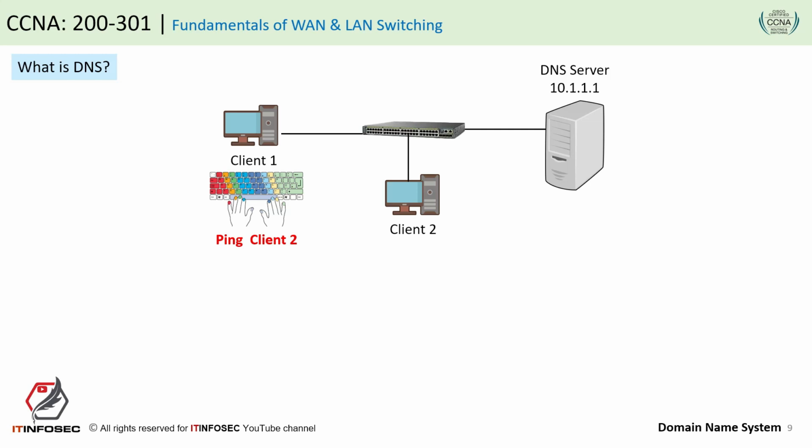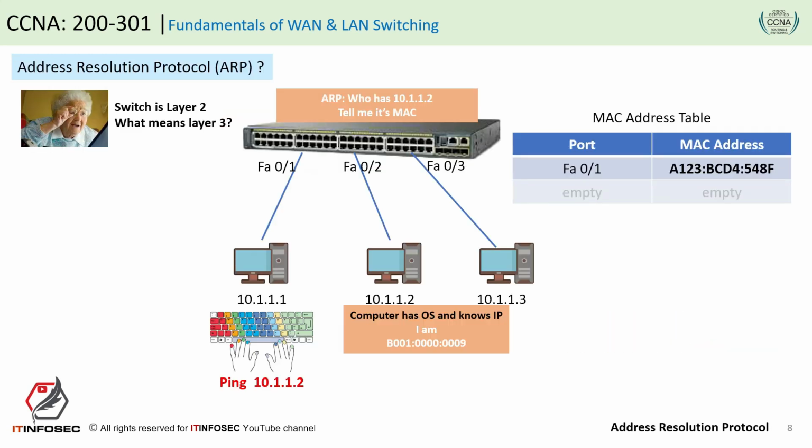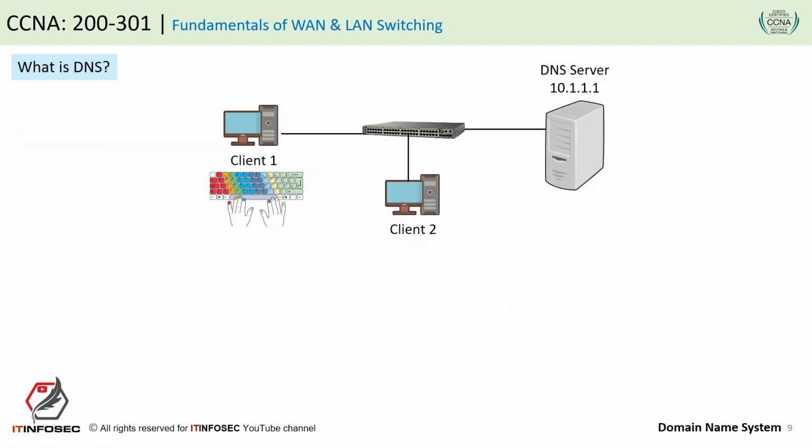In this slide, I did ping by IP address. When you have many computers in one network, for example 50, 60, 70 computers, you will not be able to remember which IP address belongs to, for example, your colleague's computer in the financial department.